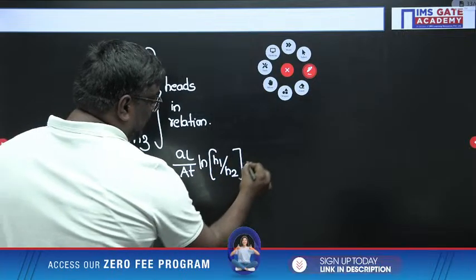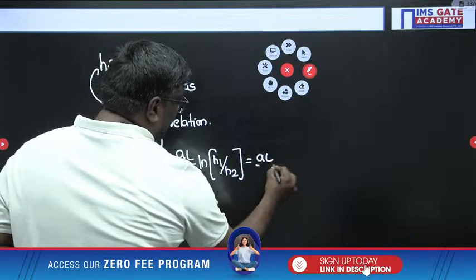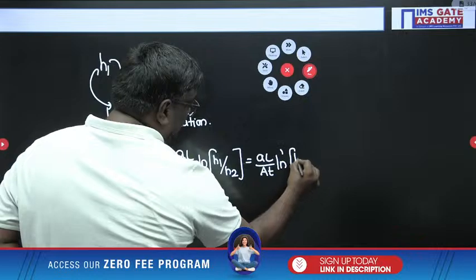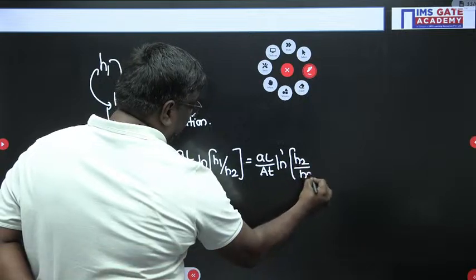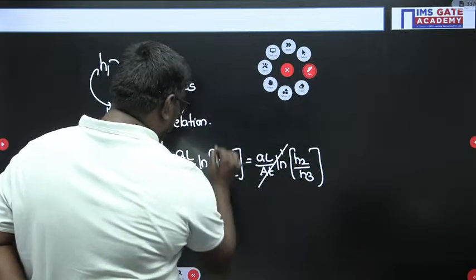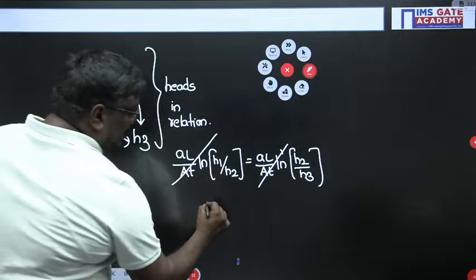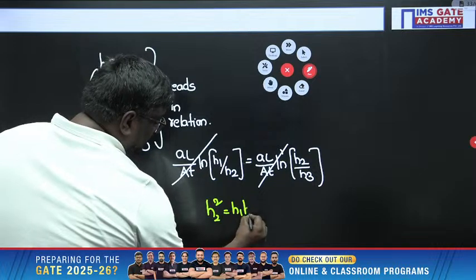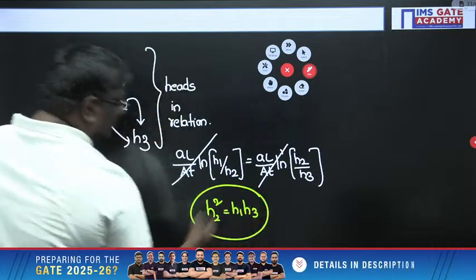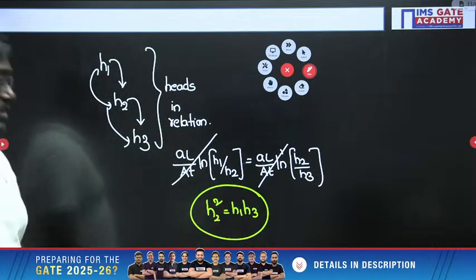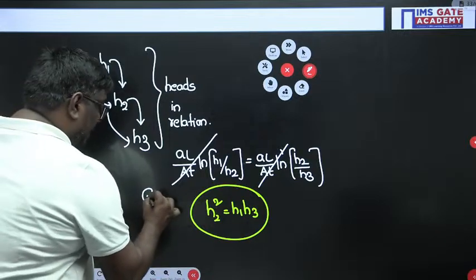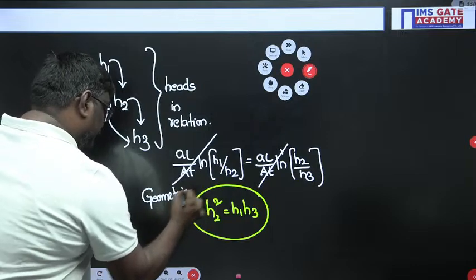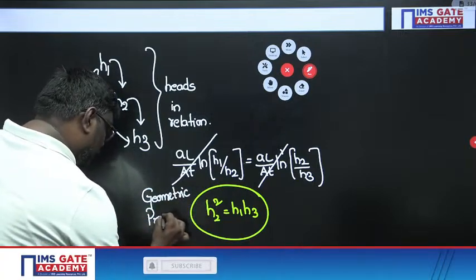Similarly, as the other parameters are constant, aL by At is equal to ln(H2 upon H3). If you cancel all these parameters, you get H2 squared is equal to H1 H3. You might have known this; this is the relation for a geometric progression.